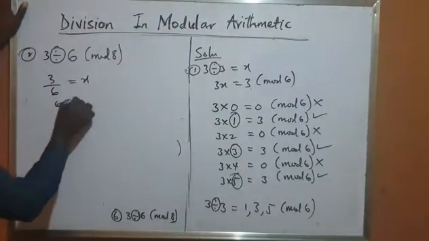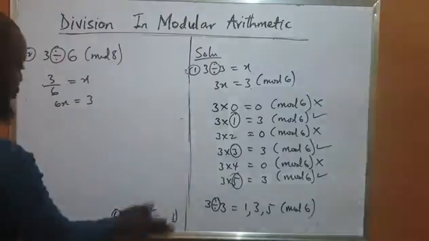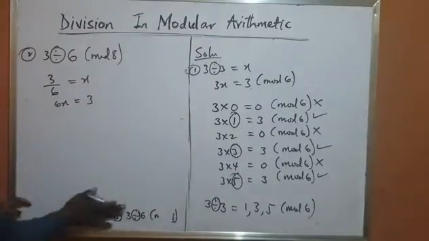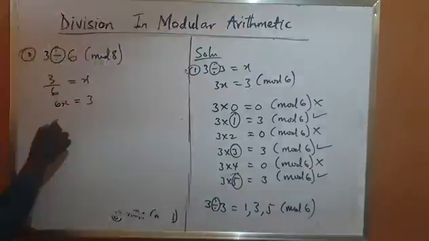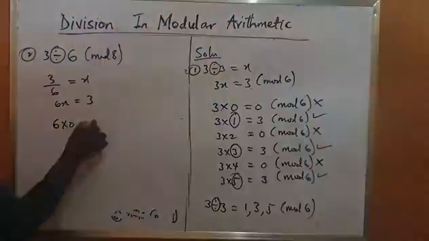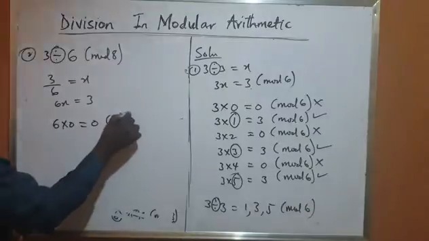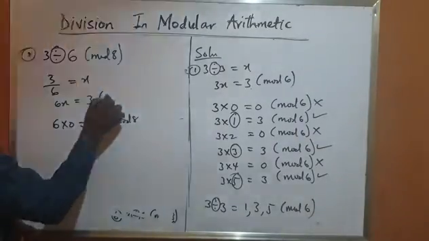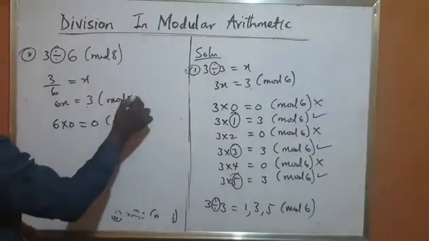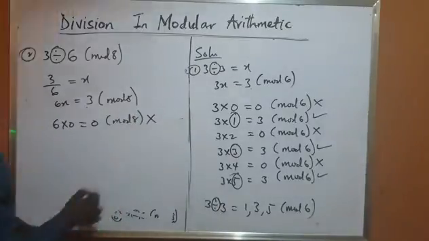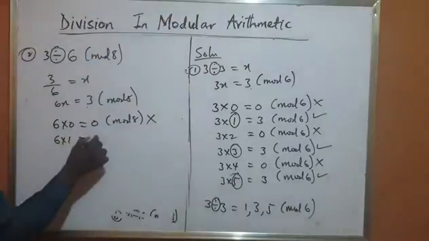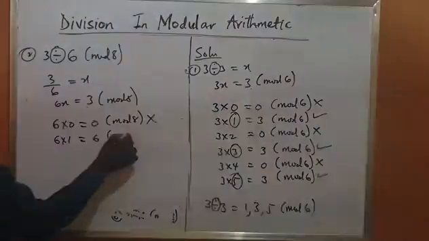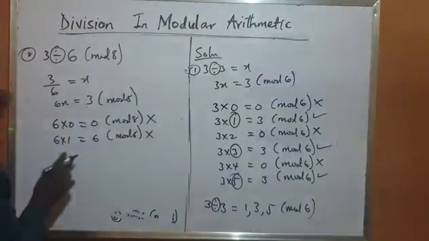That will be 6x equals 3 in mod 8. We test the same way as this one. 6 times 0 is 0 mod 8. It's not the same as 3 mod 8, so this will be out. Then 6 times 1 gives 6 mod 8. This is also not correct.